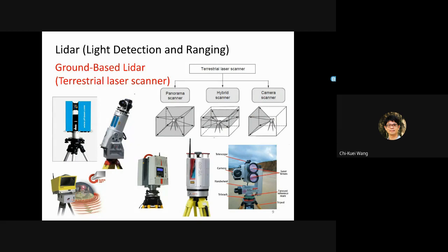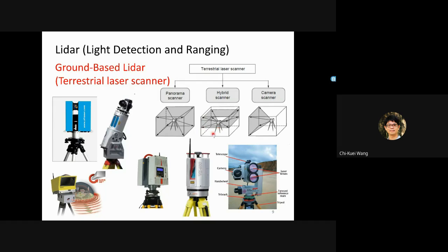The extreme opposite of a panorama scanner is the camera scanner. The camera scanner is something like this. For this yellow thing, it's a fixed system. It only scans everything in front of it, so it's like a camera. In between, we have the hybrid scanner, which scans a certain range around it.